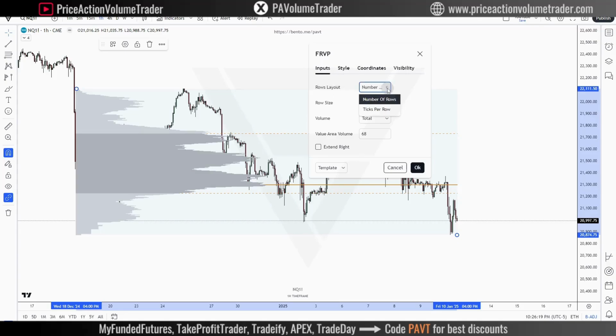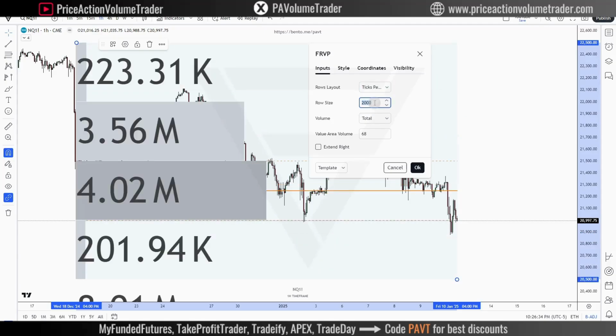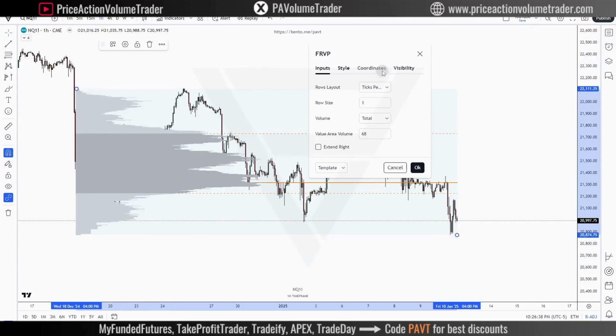So row layout, number of rows or ticks per row. Ticks per row, generally, if I'm trading the CME futures like NASDAQ or the S&P 500, I want to put this as low as possible, okay? Because the higher the ticks per row is, the less definition the profile has.